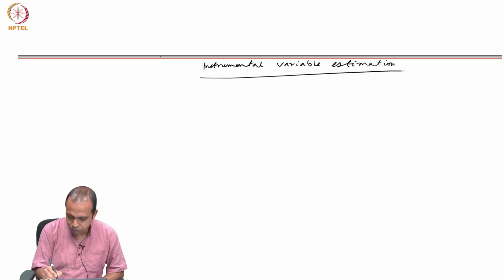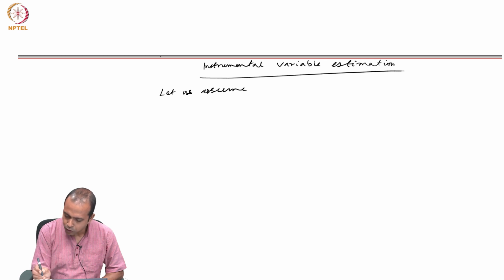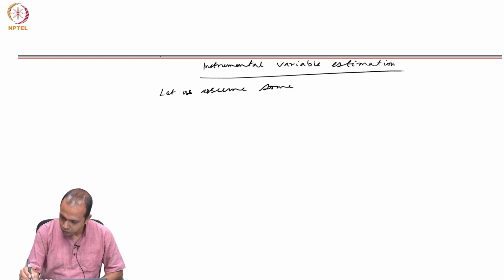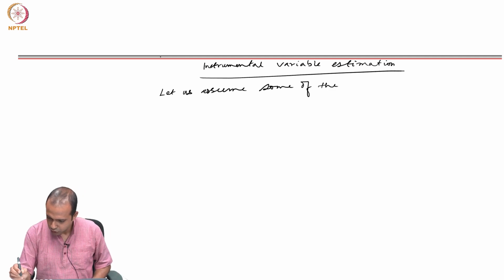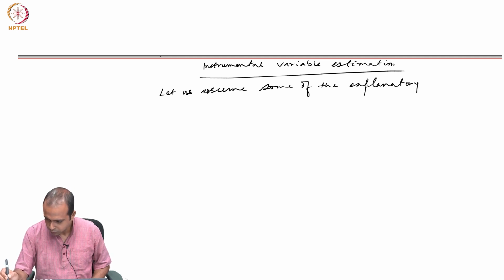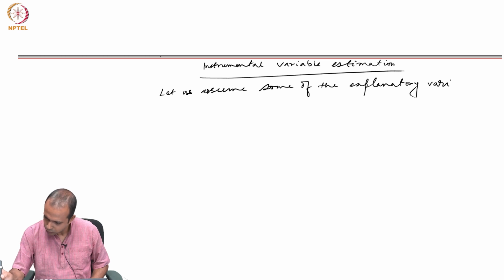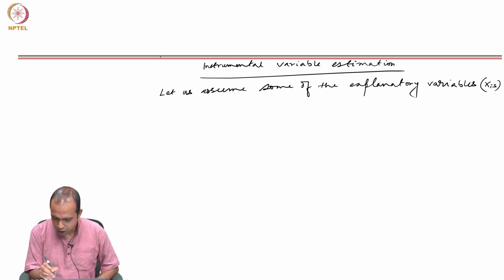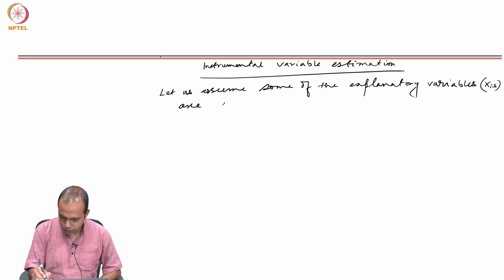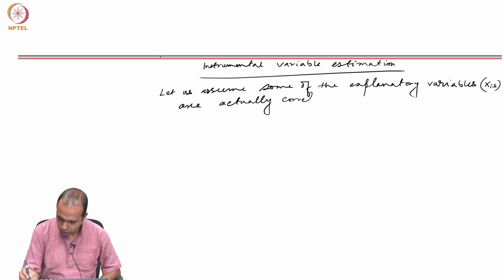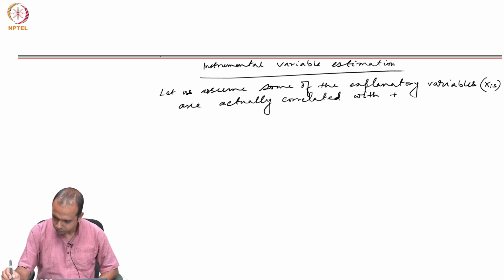So let us assume some of the explanatory variables, or xi's, are actually correlated with the error term.